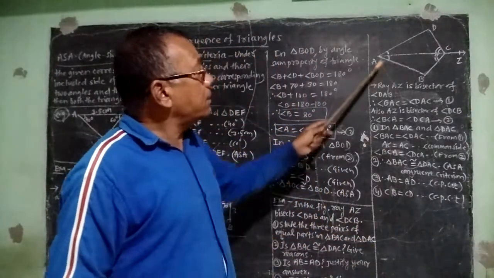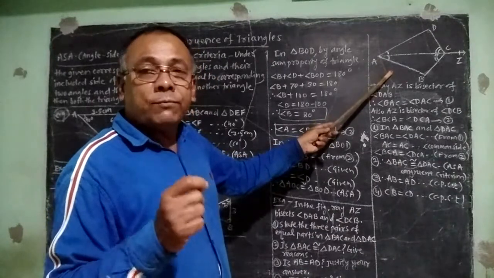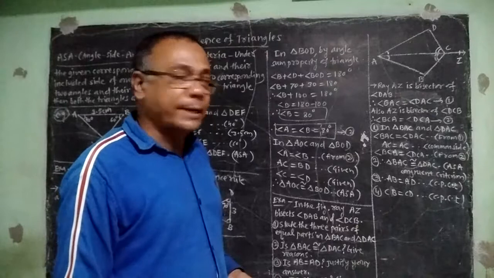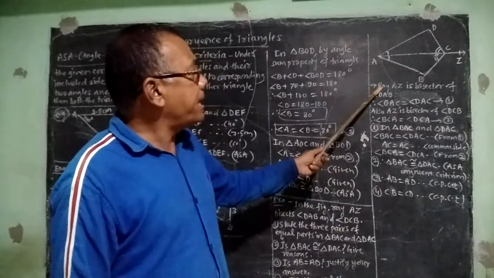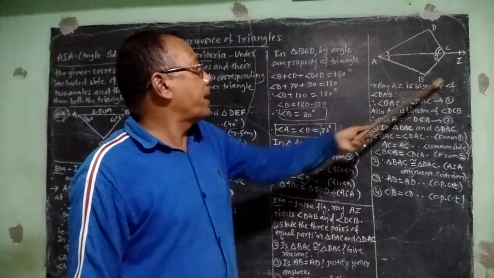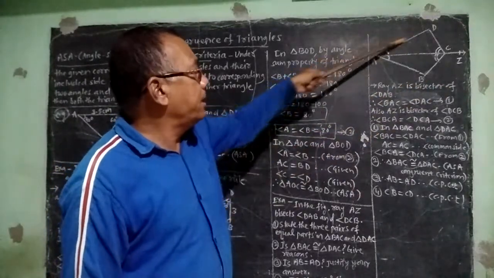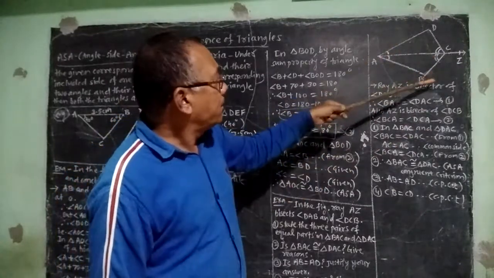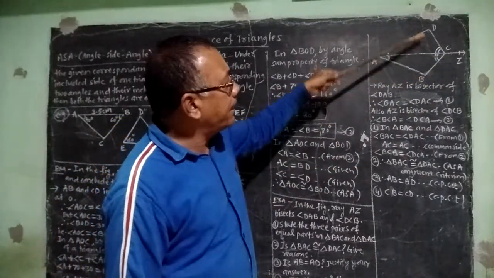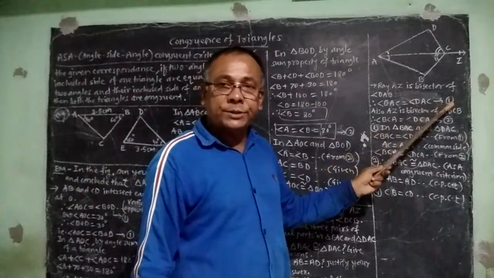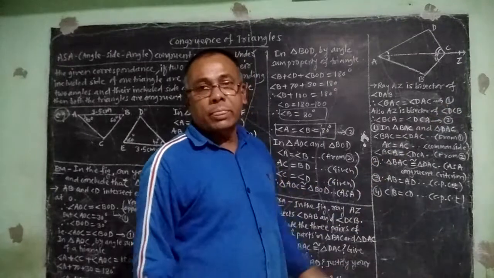So here we have to mention this while writing the answer. So we will start writing the answer. Write down, ray AZ is a bisector of angle DAB, and therefore angle BAC and angle DAC are equal, and that is equation number 1.